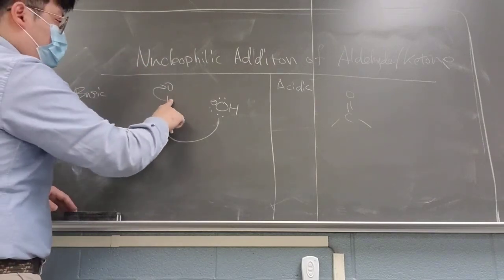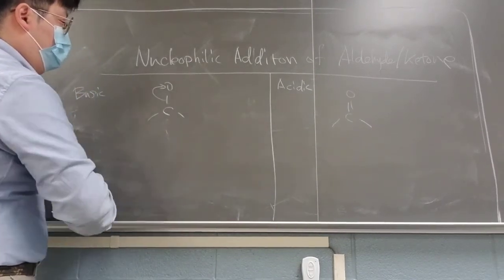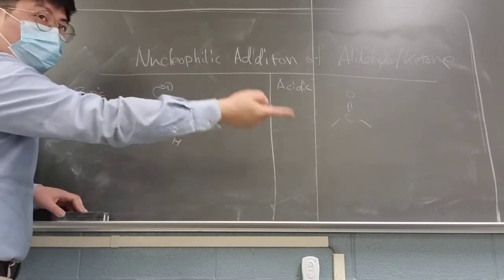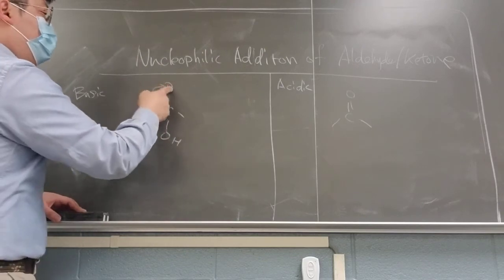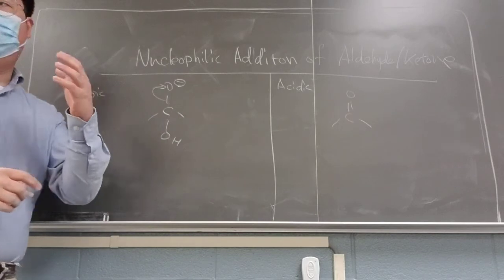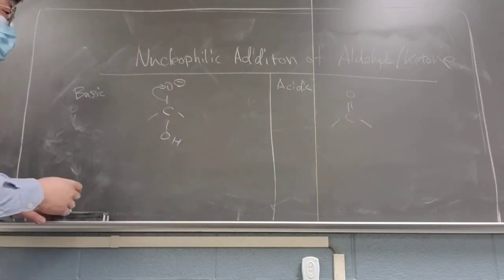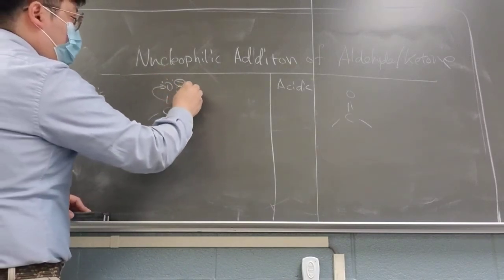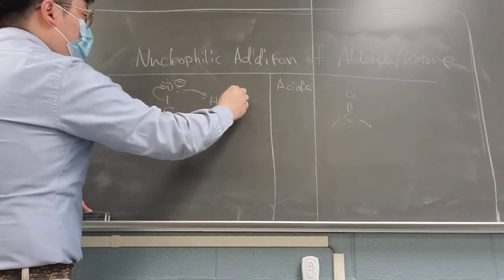So it will be a single bond now, and this now has no more negative charge because it donated the electron, right? And then the electrons are pushed up to here, which is more natural because, as you know, the oxygen is the one that takes the extra negative charge because it's highly electronegative. Then once you have this one, it also tries to grab one of the protons, you can say hydrogen, in water.